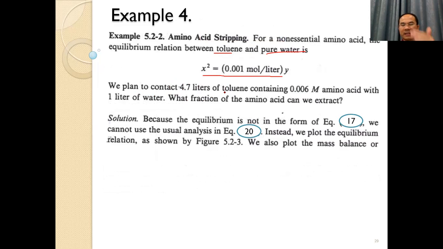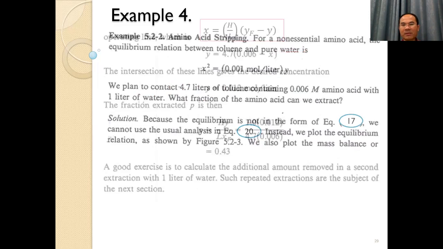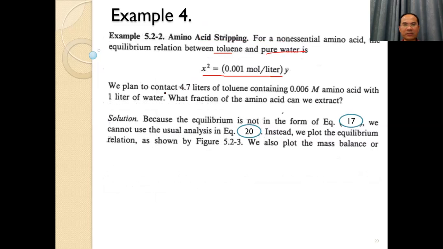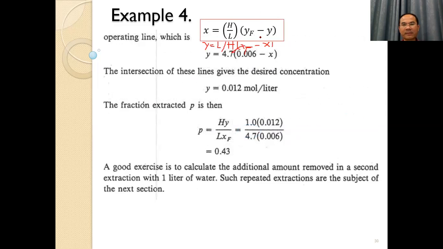But for this case, it's a lever operation. In the lever operation, you can rearrange this as Y as a function of X. We get Y equal to L over S times (XF minus X), like this. L over S is the toluene divided by water, it's 4.7.